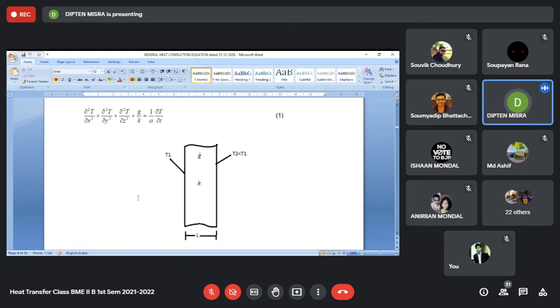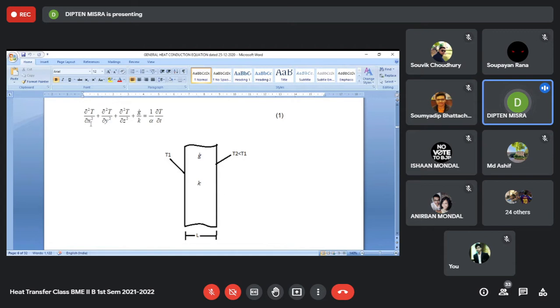Because there will be negligible heat flow along Y and Z, that will also be characterized by a negligible temperature gradient along Y and Z, and there will be a considerable temperature gradient along X. So because at any Y the temperature gradient is zero, ultimately ∂²T/∂Y² will be zero, and similarly at any Z, because ∂T/∂Z is equal to zero, ultimately ∂²T/∂Z² also will be zero, and because of the steady state nature of the problem, this term also will be zero.